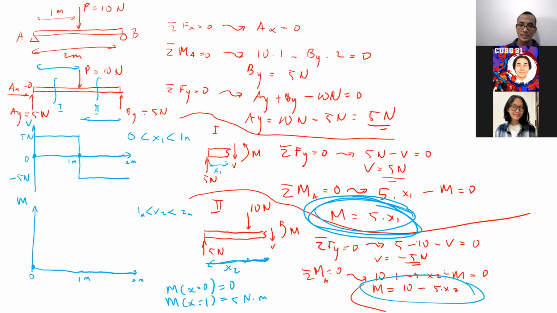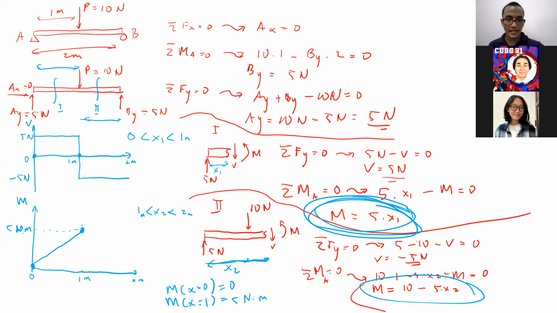If you use the second equation and you put x equal to 1 meter there, the results will be the same. The moment will be 5 Newton meters, correct, right? Yes, sir. So we have 0 here and we have 5 Newton meter here. So this is our graph for the first region.